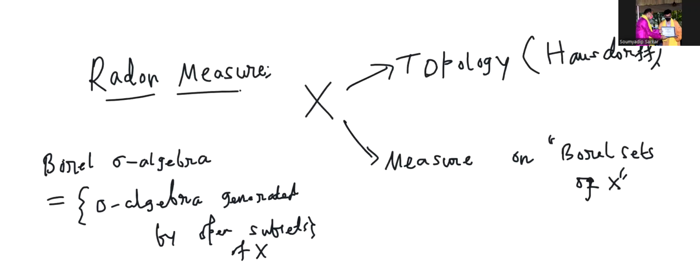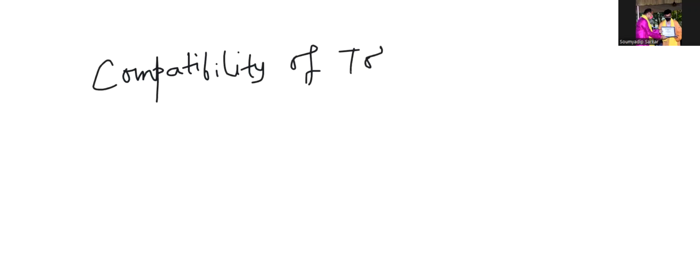The main essence of the Radon measure is that we want to make these two notions compatible with each other. That is the main keyword. Let me write it down. This is the key idea: compatibility of topology and measure.